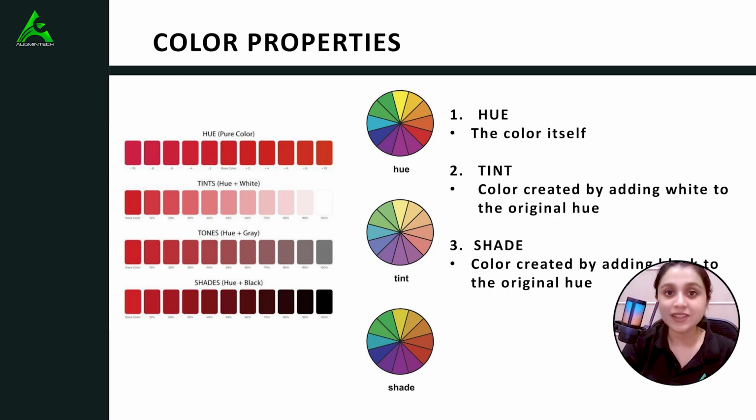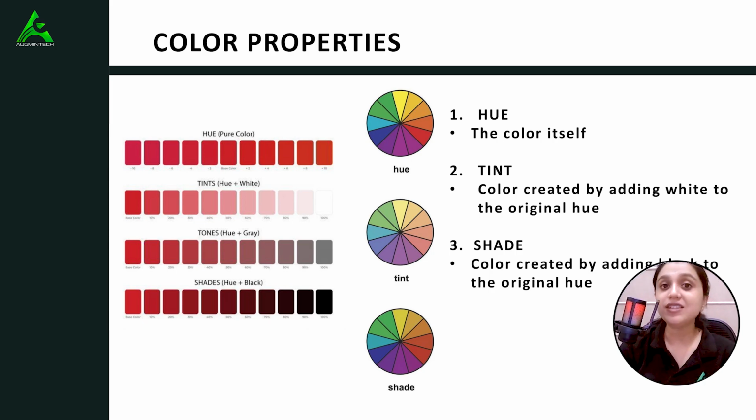So the number one thing that we discussed is hue. Hue basically is a synonym for color itself. If I say I need this to be in the orange hue, that means I am typically talking about the orange color, so you should not think about any different version of orange. Think about the typical orange color that we see in daily life.